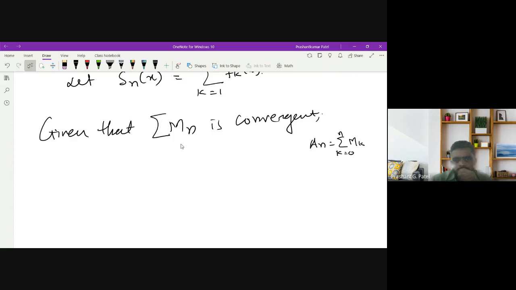So what is A_n minus A_m? I can just assume that n is bigger than m, and that m is greater than or equal to n0. Then what will be the value of A_n minus A_m?